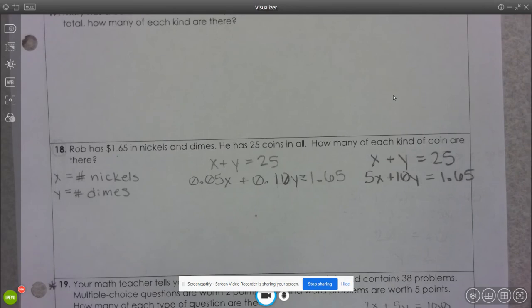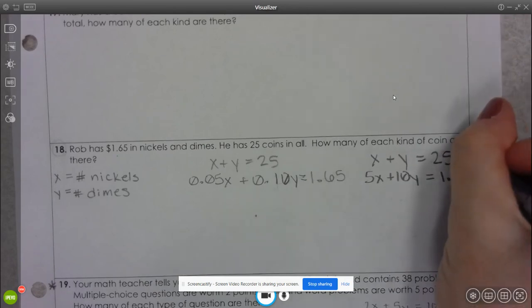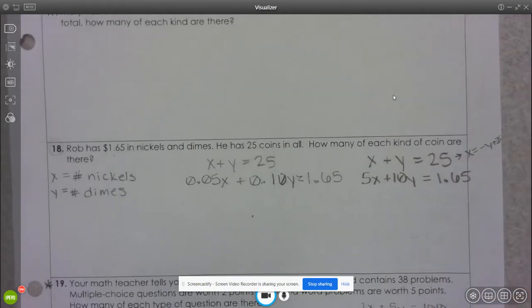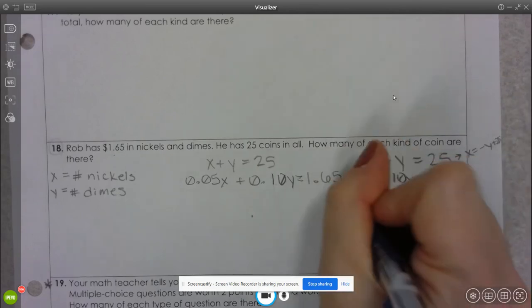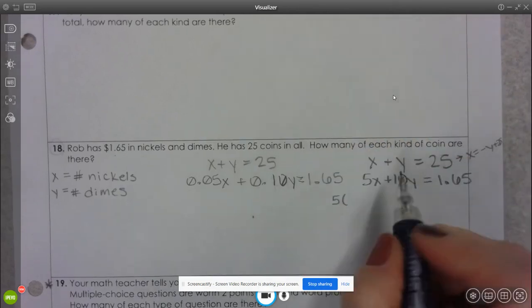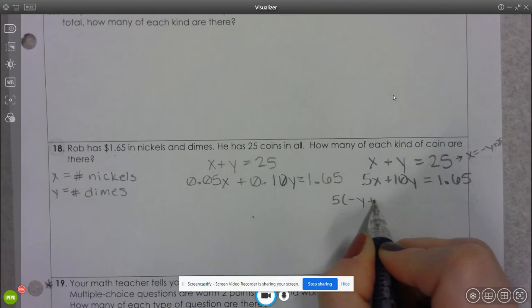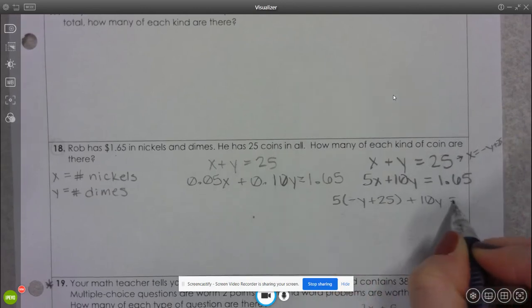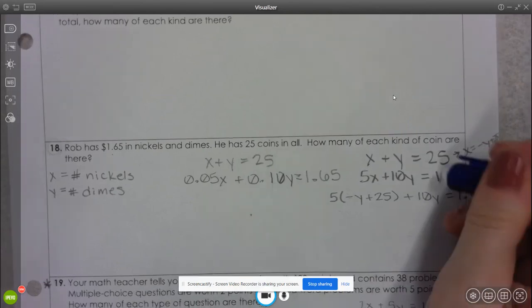Personally, I'm going to do substitution. I'm going to rewrite this as x equals negative y plus 25. So I have 5 times negative y plus 25 plus 10y equals 165.